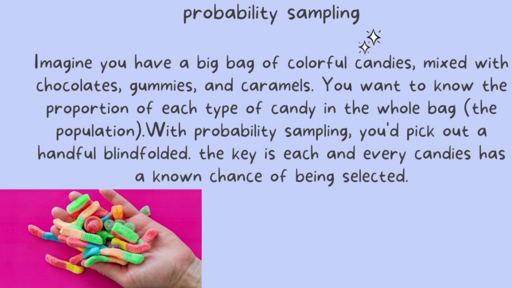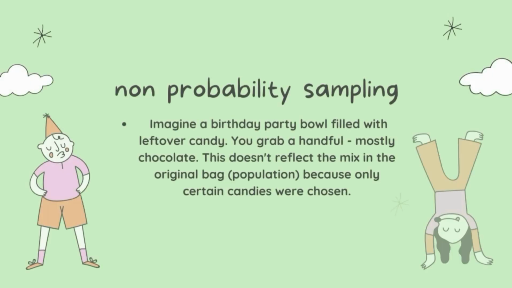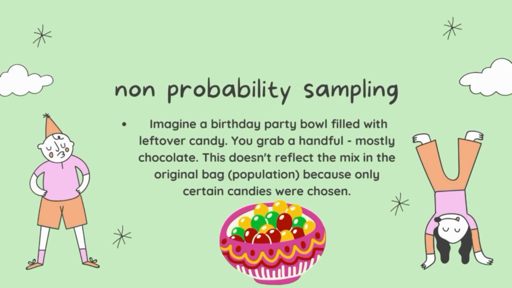We have different methods of randomization. Let's see what the different types are. Before that, we'll see what non-probability sampling is. We have two types of sampling: probability sampling and non-probability sampling. Probability sampling we have already discussed, where each member of the population has a known chance of being selected.